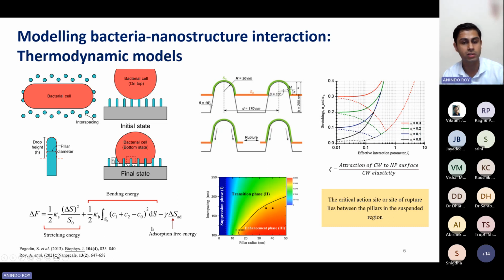Now, this occurs because as your pillar radius decreases more and more, beyond a certain level, the bending energy reaches very high values. So it becomes thermodynamically impossible for the adsorption free energy to overcome that bending free energy, and therefore, at such low radius values, it is very unlikely that the cell wall will actually wrap around the nanostructures.